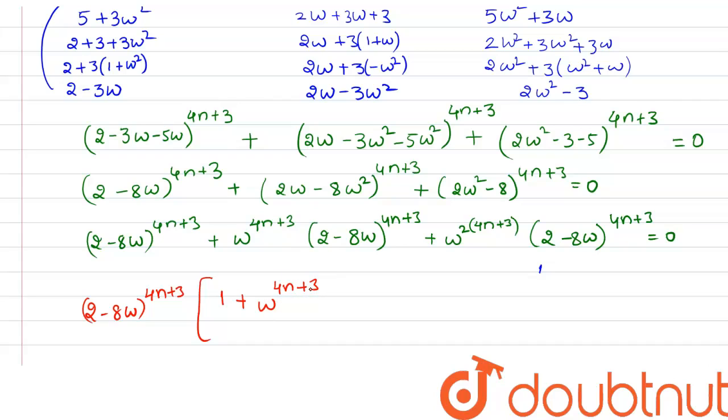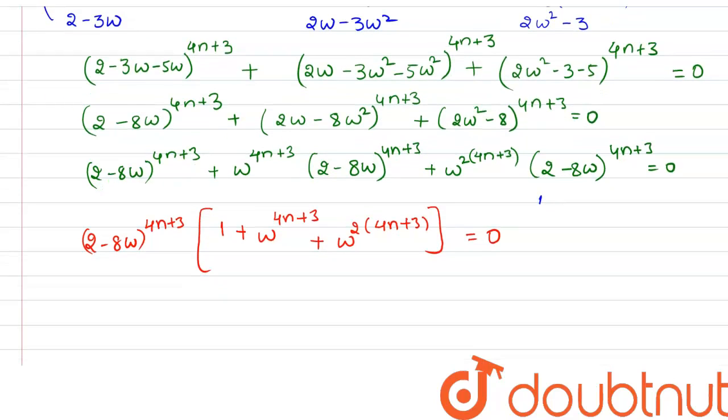Plus, what do we get in this next term? This is plus omega to the power of 2 into 4n plus 3. Now, can we further simplify this? Is equal to 0. Yes, what can we say about our inner term here? This, we can say that (2 minus 8 omega) whole to the power of 4n plus 3.